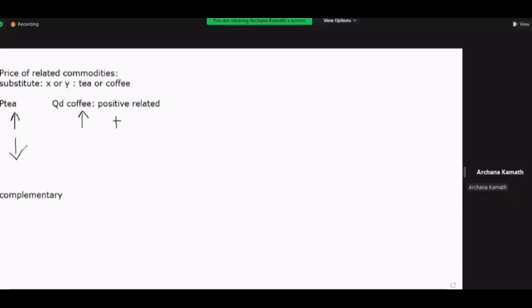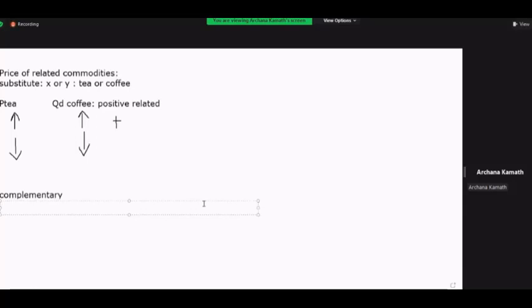Will you be interested in taking coffee? You'll cut down your consumption of coffee. Here, they are moving in the same direction. So the price of tea and demand for coffee are positively related. Is the first case clear? There is a positive relationship between price and quantity demanded if the two goods are substitute goods.